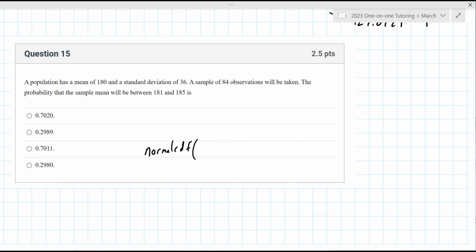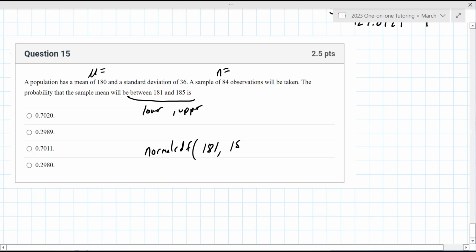Is it 84? 84 is the number of samples. Okay, so this is the mean. Mu is 180. Between. Oh, okay. So between gives you the lower and the upper.